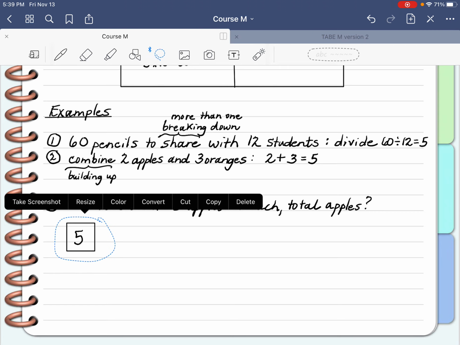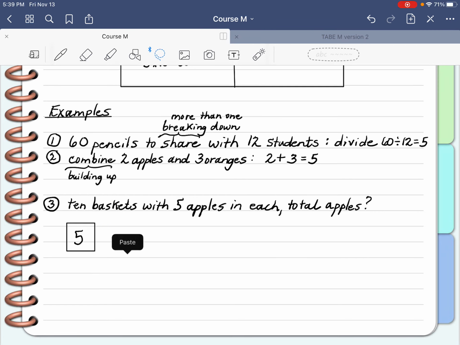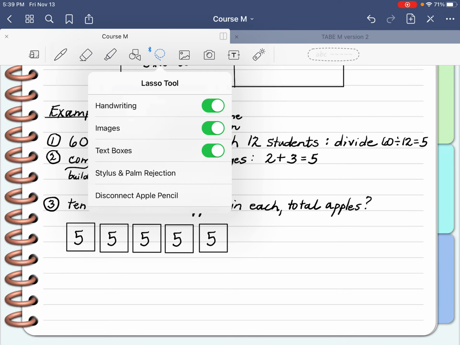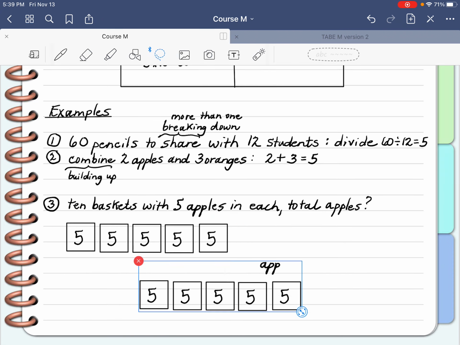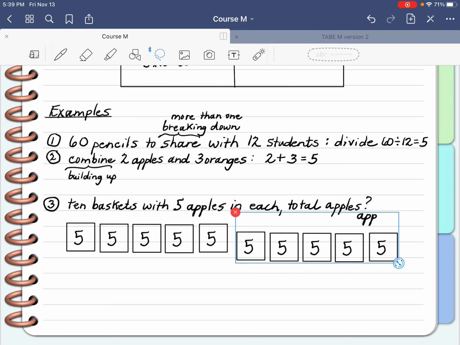And how many of these baskets do I have? There's 2, 3, 4, 5, and let me just copy these to make the 10, because I need 10 baskets. There they are.